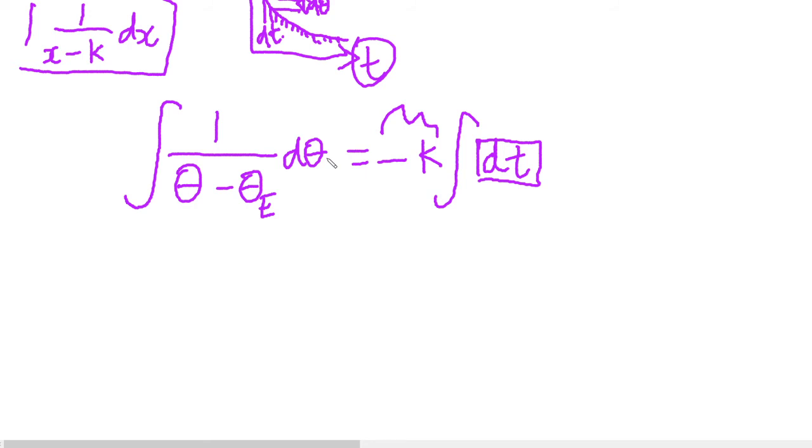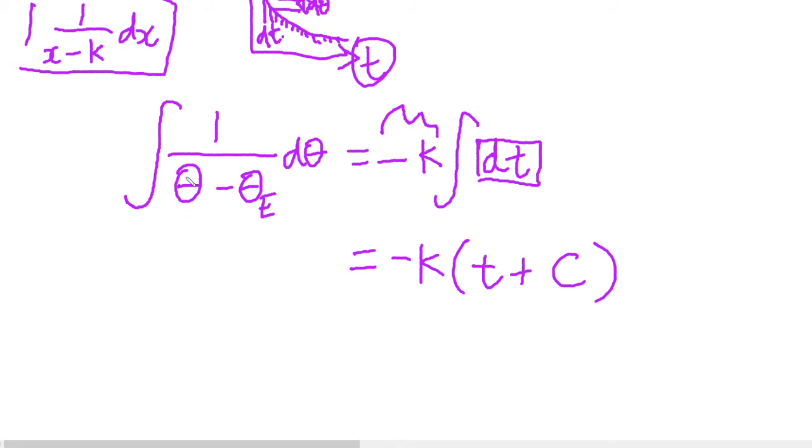I hope that makes some visual sense as to why it works, but anyway, we have the result, minus kt, and then plus c because it's an indefinite integral. I forgot the plus c when I was doing the fake example earlier, so please forgive me, that's an unforgivable sin. I should be shot at dawn for doing that, but anyway.